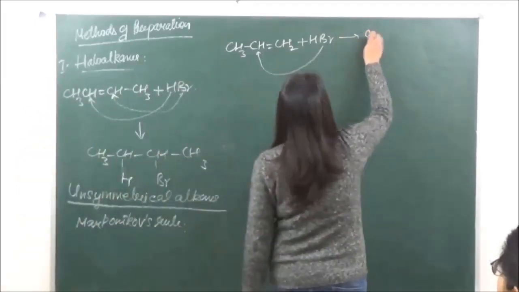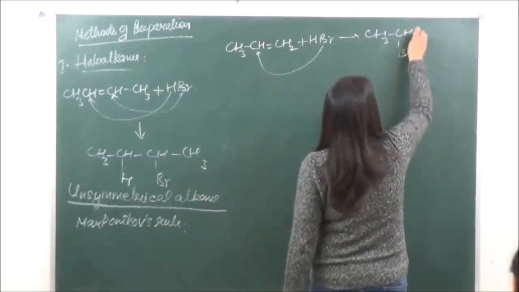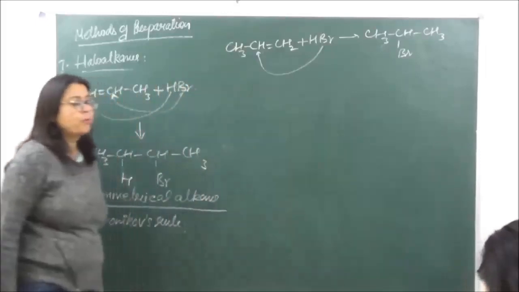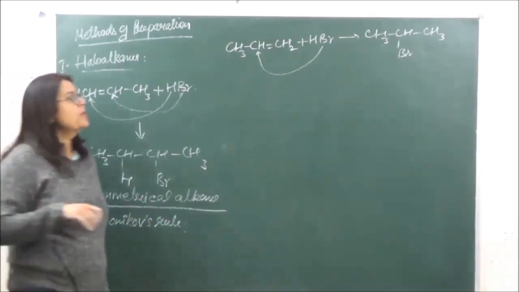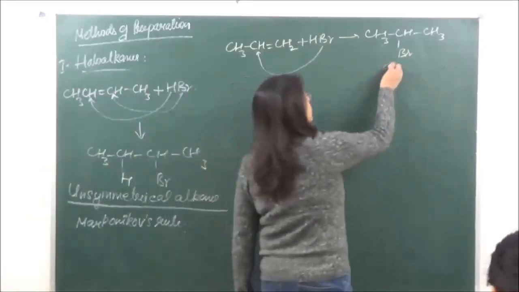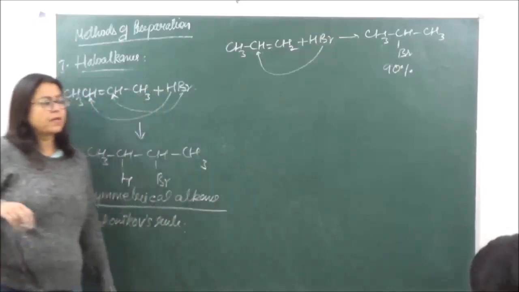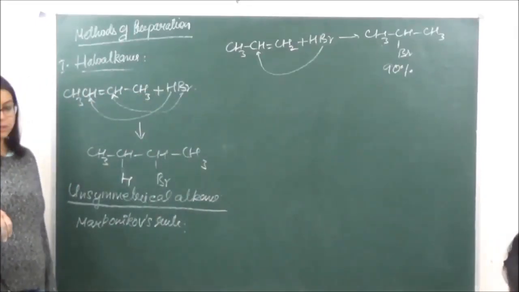Okay? So the product which we are going to get over here is going to be 2-bromopropane. Right? So over here, although we get a mixture of both, this is our major product. This is going to be approximately 90% of what we are going to get over here. And the other one, 1-bromopropane, will be only 10%. Okay?